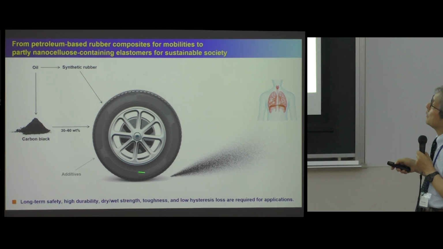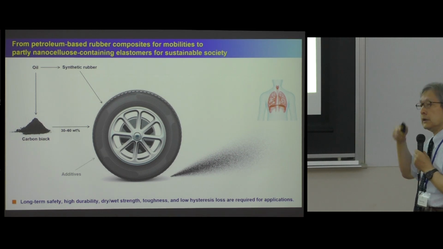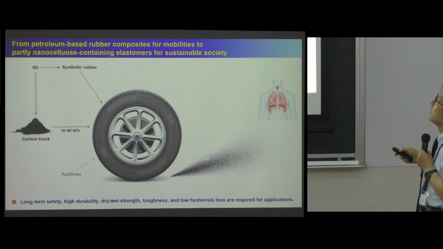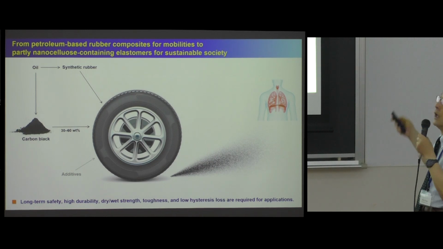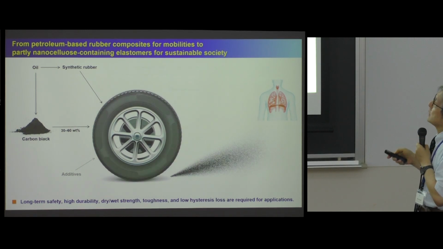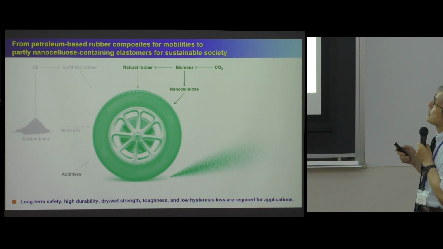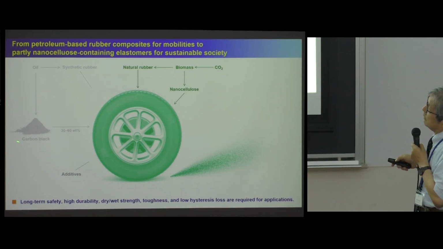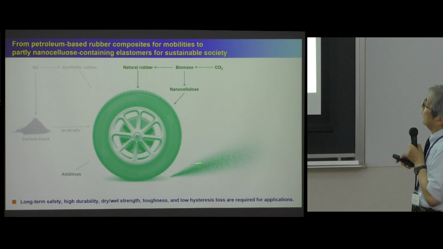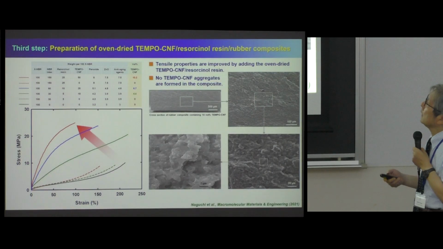So these are all petroleum-based materials, and through abrasion, small powders of carbon black are emitted into the air, and some of them get into our lungs. So one of our goals is, partly, not completely, partly CO2-accumulated biomass. So natural rubber can partly replace synthetic rubber, and nanocellulose can be added in place of carbon black to form more environmentally friendly materials.